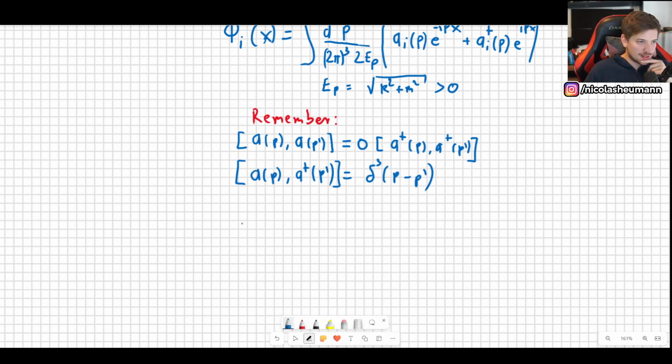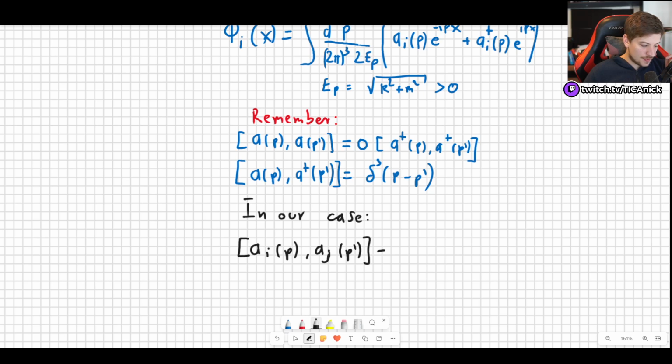So in our case, we regard that a_i of p and a_j of p prime, this is going to be 0. I just realized there's an equal sign missing there.